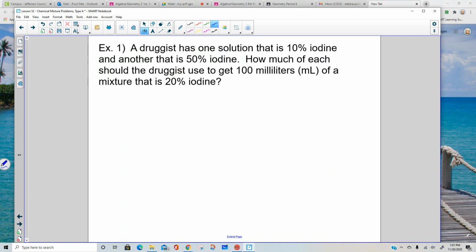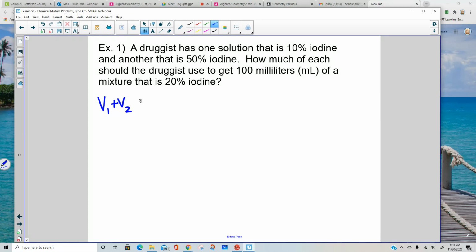Let's dive right into example 1. A druggist has one solution that is 10% iodine and another that is 50% iodine. How much of each should the druggist use to get 100 milliliters of a mixture that is 20% iodine? Okay, so I'm going to write just my template equations over here just to remind us.